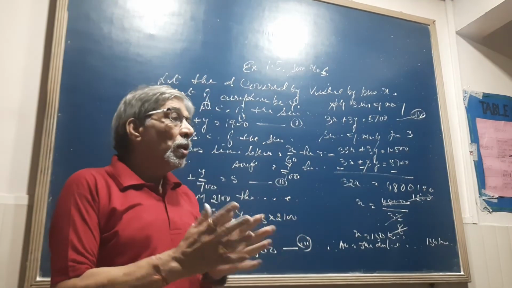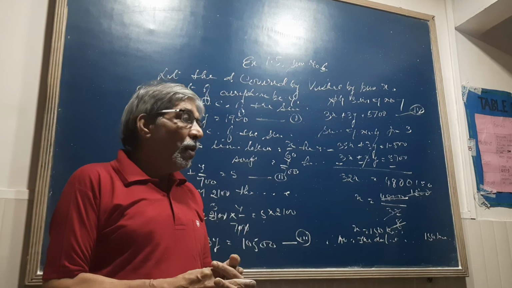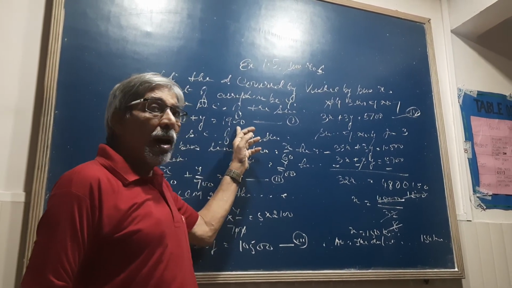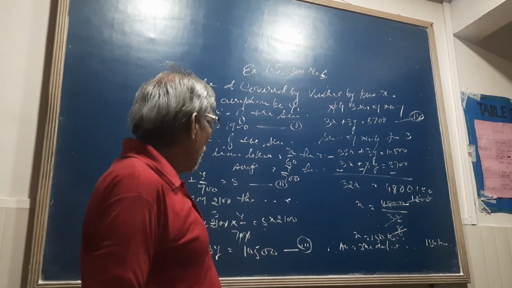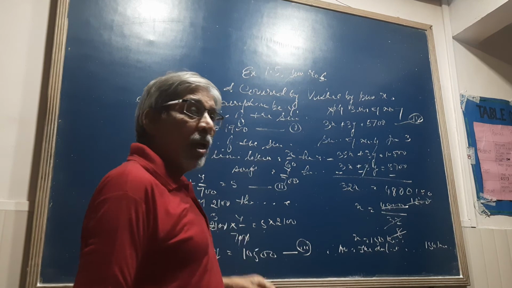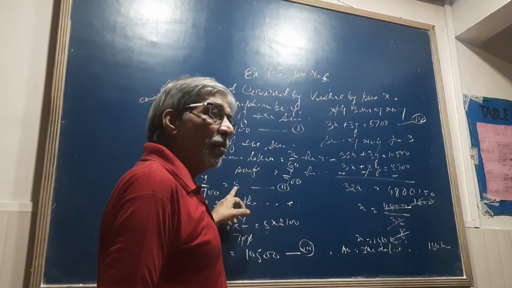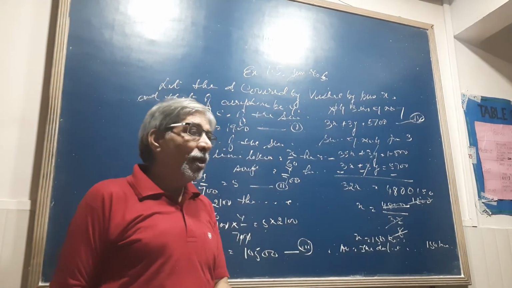So suppose by bus X and by plane Y. So first condition, X plus Y is equal to 1,900, and the time taken is 5 hours. So time traveled by bus is X upon 60 and by plane is Y upon 700, equal to 5. Then take the LCM and simply solve it, you get the result.